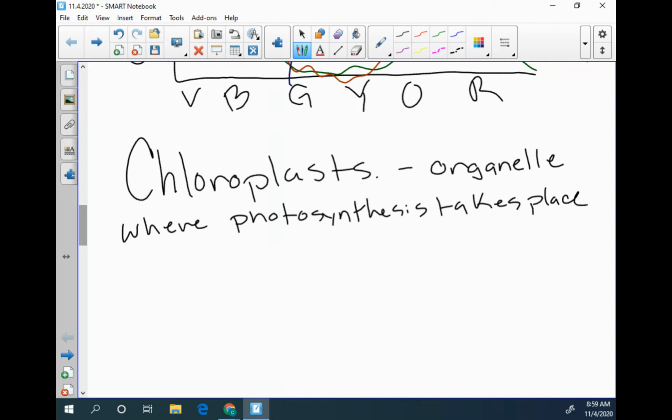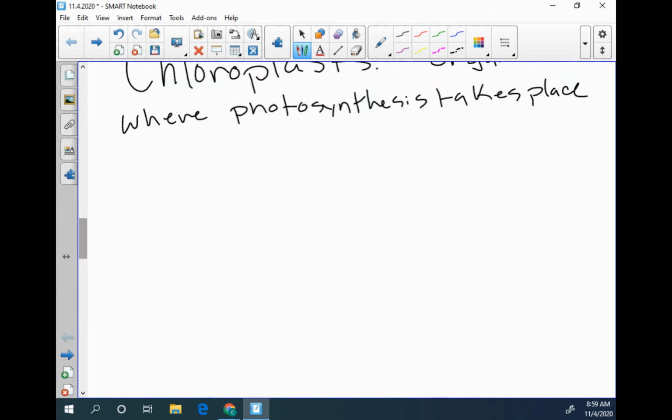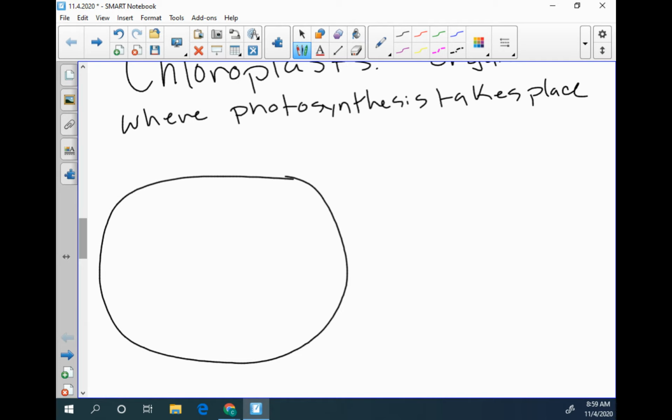I'm going to draw it. We're going to start off with just a circle. That is our outer membrane. Keeps everything inside of it.